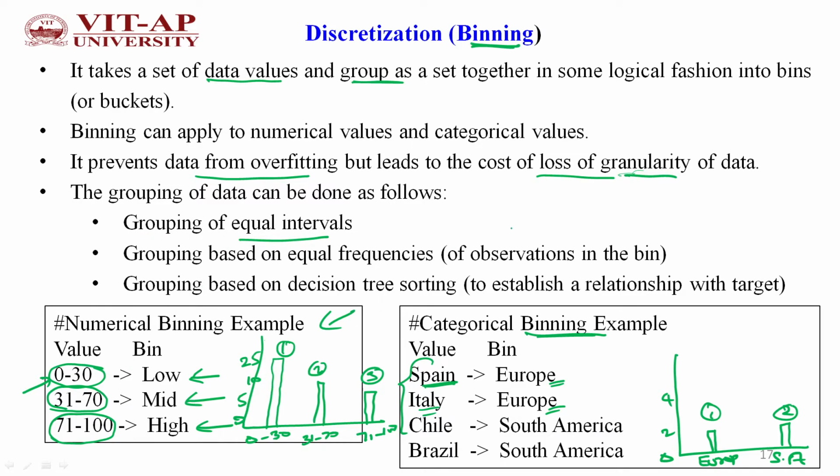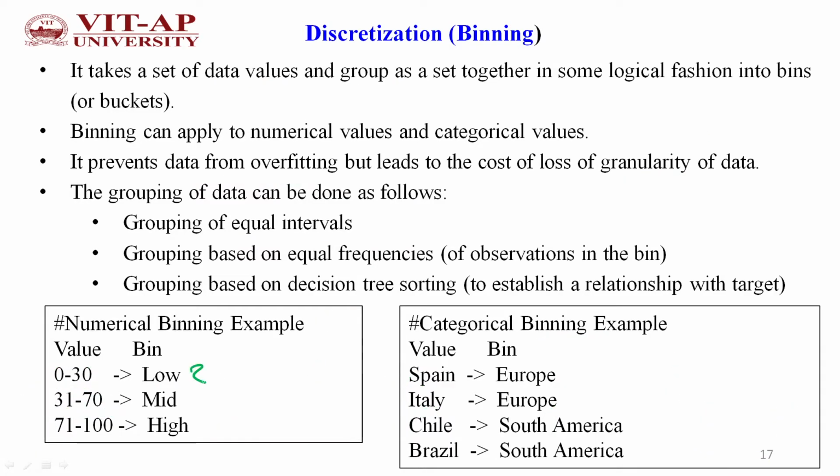You see, in this example we are not using equal intervals. Suppose you use 0 to 25, 26 to 50, 51 to 75, 76 to 100. This is the equal interval we use to make the data points into groups.